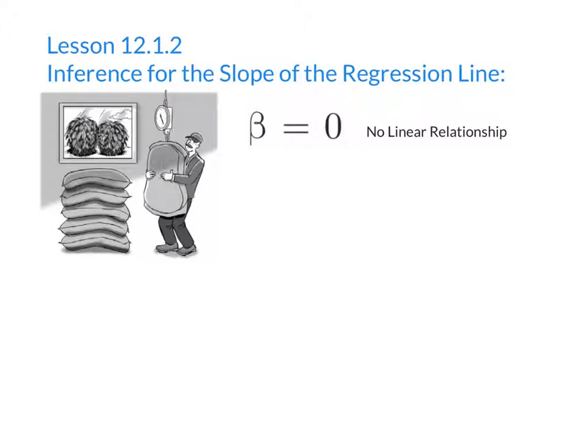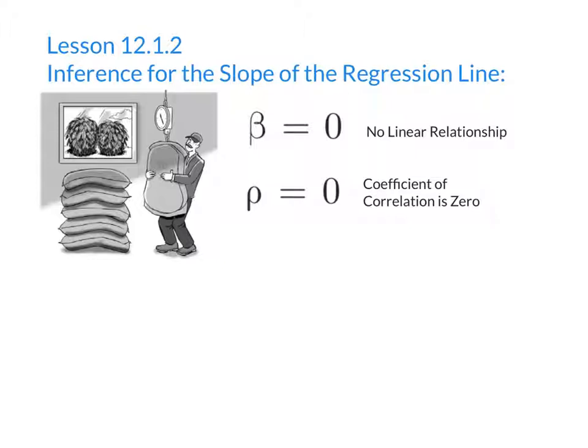In Lesson 12.1.2, the coffee plant experiment continues. Students realize that a beta of 0 would mean that knowledge of the explanatory variable fertilizer does nothing to indicate the value of the response variable yield per plant.